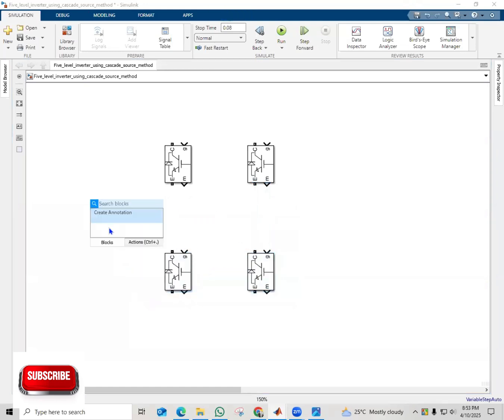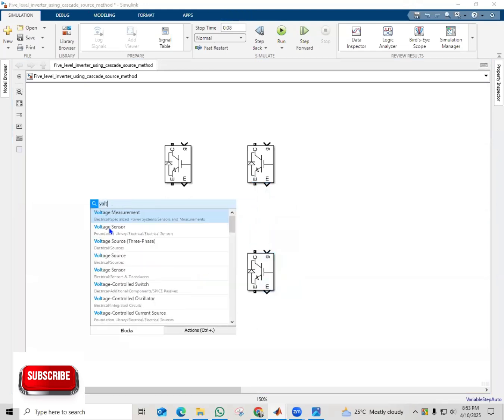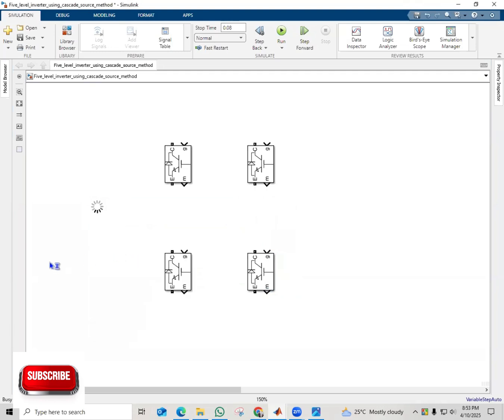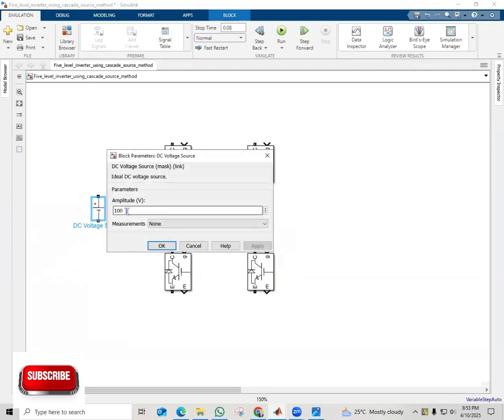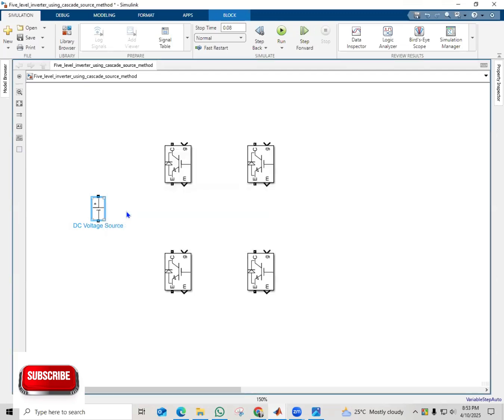We also need a DC voltage source. Okay, here the DC voltage source value is 100 volt. We can also set the voltage level to 24 or 12 volt. In this case, I set this voltage level to 12 volt.